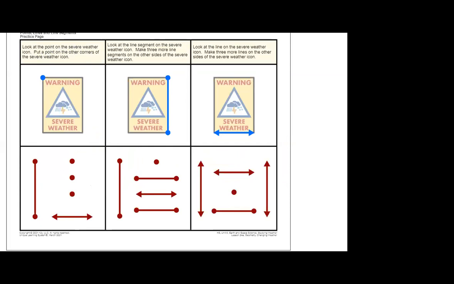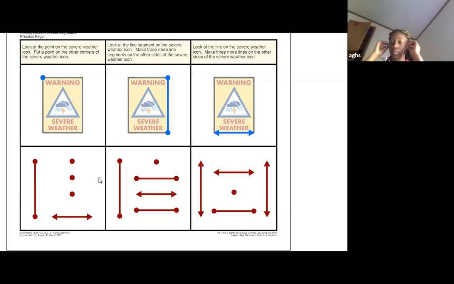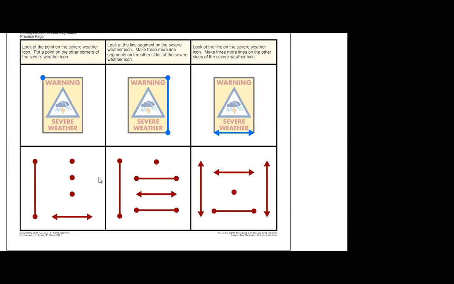So how many more points am I putting on my icon? 3. Which one? Can you come over and show me which one the point is? Point to it for me. Which one's the point? That one. The dot.